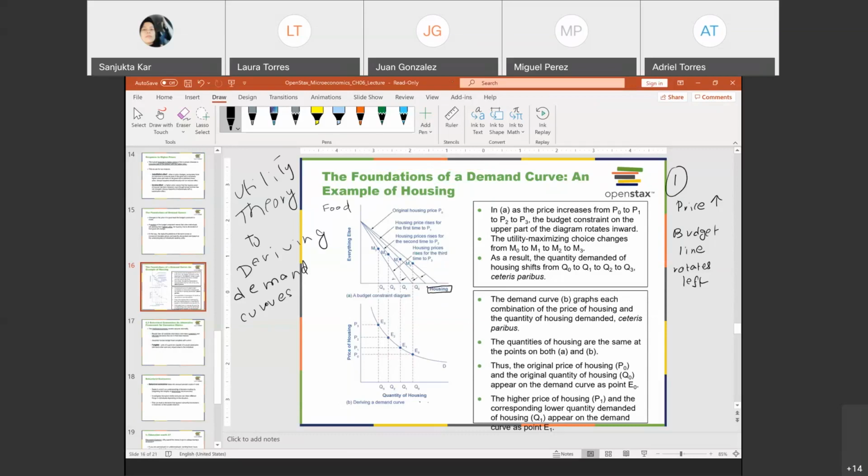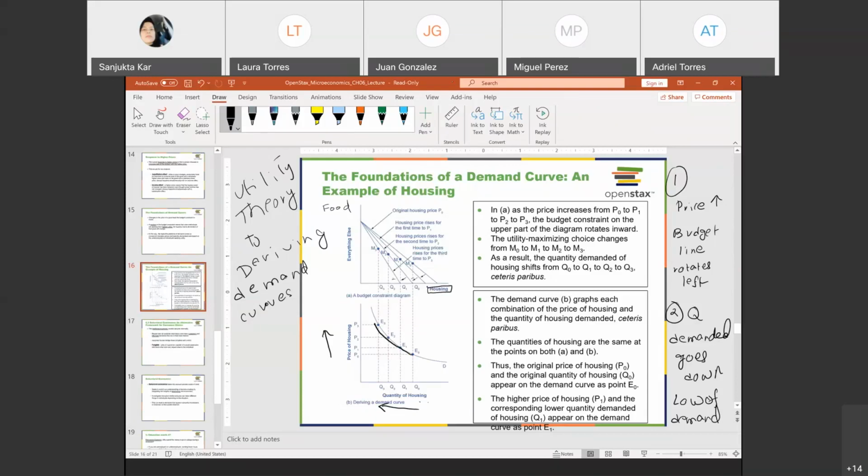Price increases, budget line rotates to the left. As a result, the quantity demanded goes down. So we just move along the demand curve here. Price keeps increasing, quantity keeps decreasing. That is, from the utility theory, we can go to the law of demand.